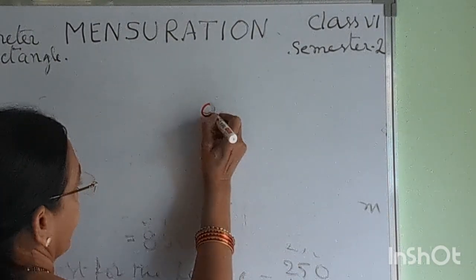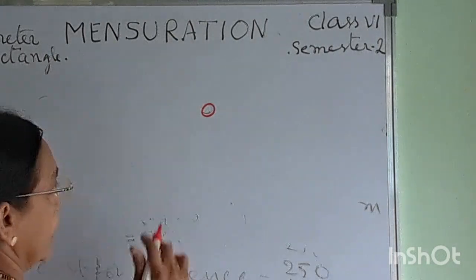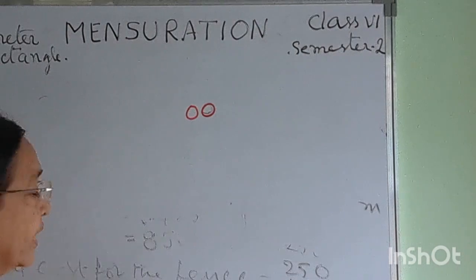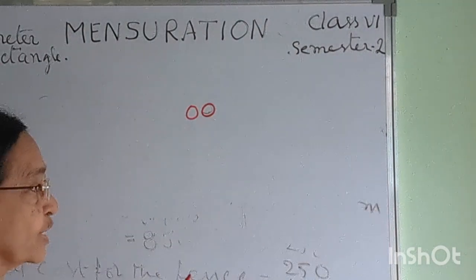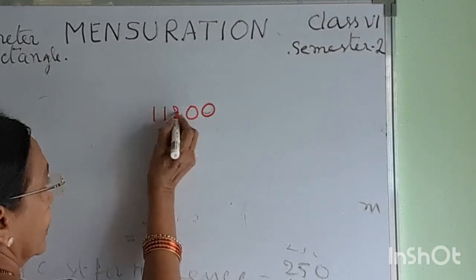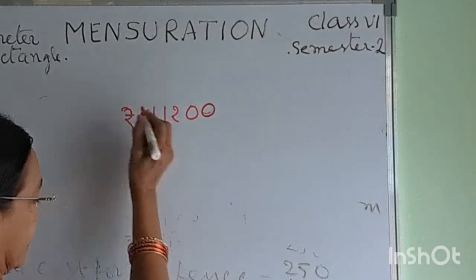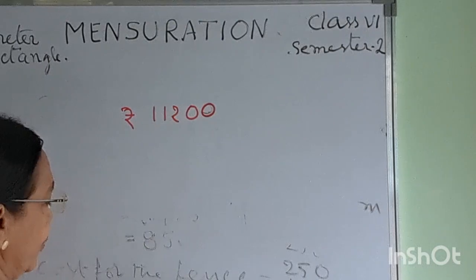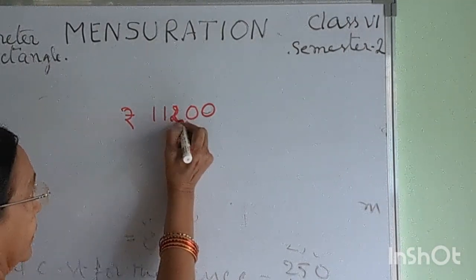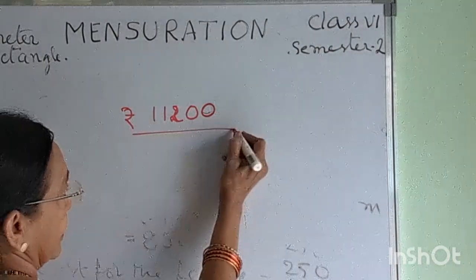12 zeros 0, 12 fives 60, 6 is there, 12 eights 96, 96 plus 6 is 102. So 850 into 12 is equal to 10,200 rupees.